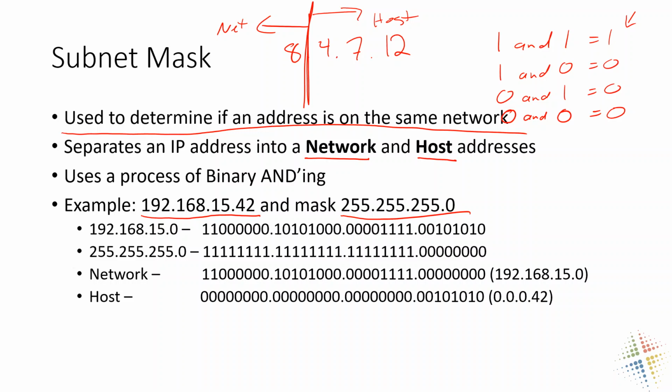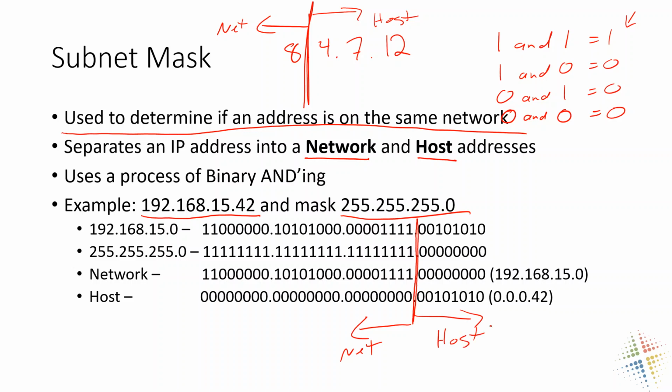Now if we look at the network mask, when we convert it into binary, we notice this line right here is pretty much the separation of our 1s and our 0s for our mask. With a subnet mask, anywhere that there is a 1 is a network. Anywhere that there is a 0 is a host.